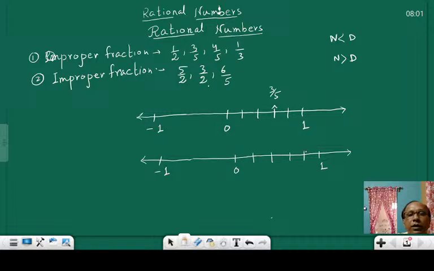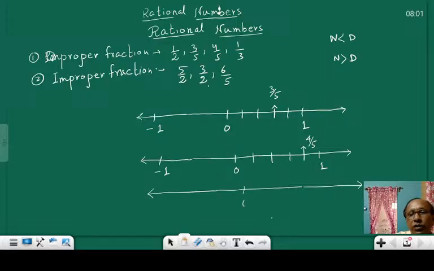Counting 1, 2, 3, 4, this one is 4 by 5. The next one is 1 by 3. If you draw another number line, all the proper fractions are represented between 0 and 1.